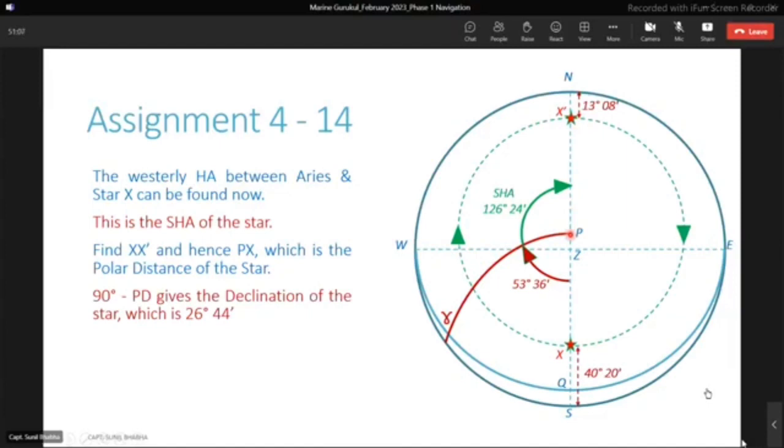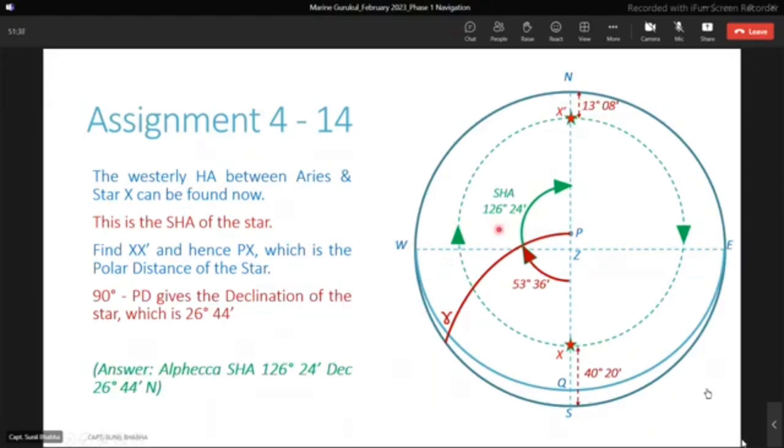Now we know 90 minus polar distance gives us the declination of the star. So once we calculate PX, we know pole to equinoctial is 90 degrees. So 90 minus PX gives you the declination of the star, which in this case comes to be 26 degrees 44 minutes. So we get the declination of the star, 26 44.